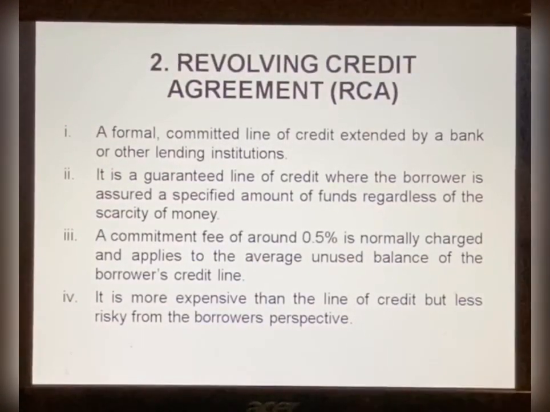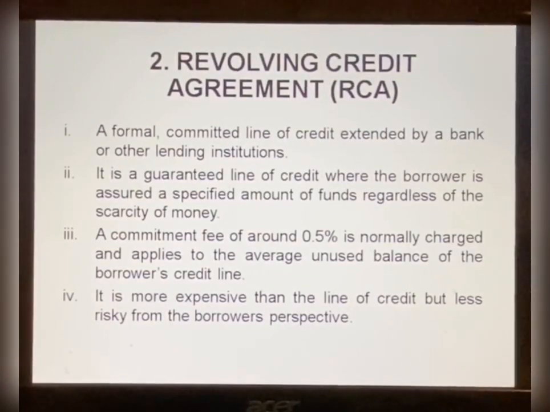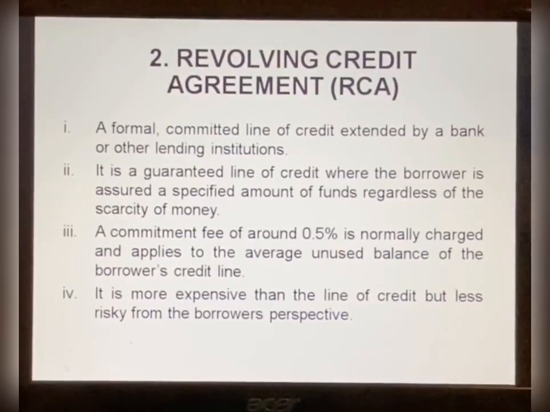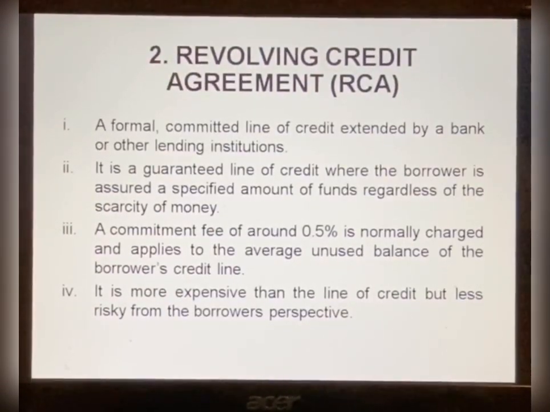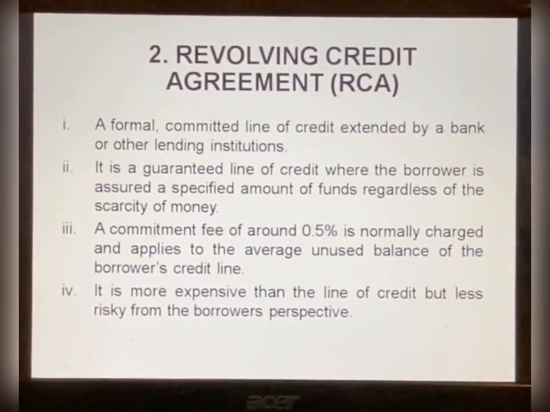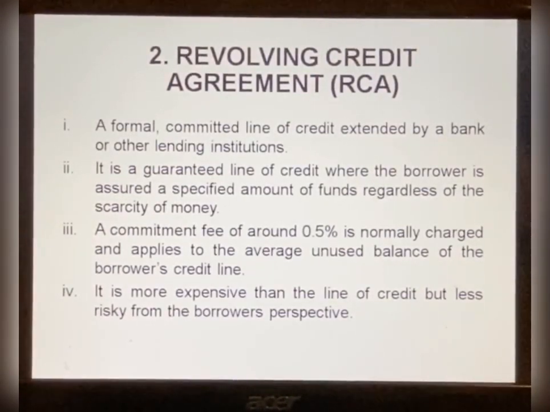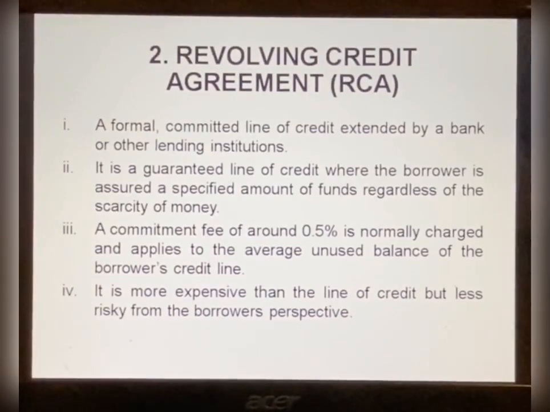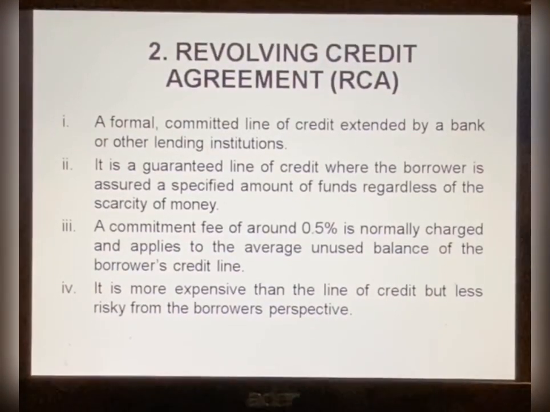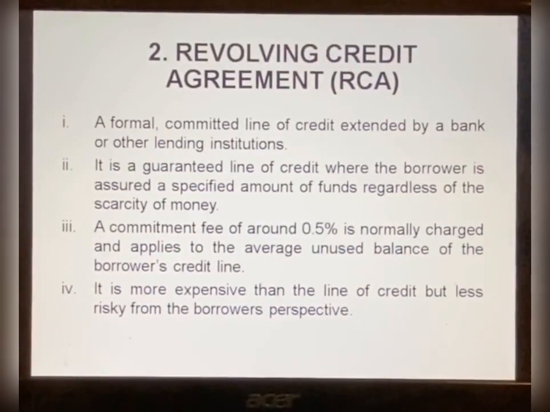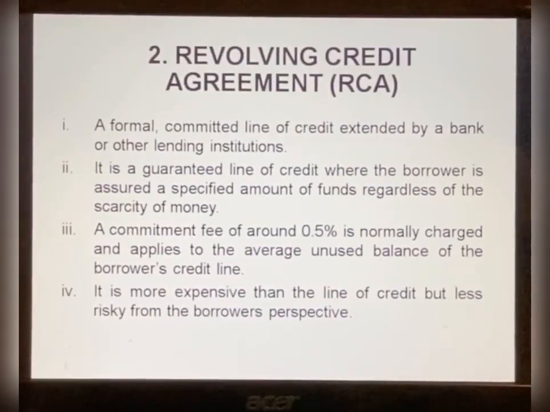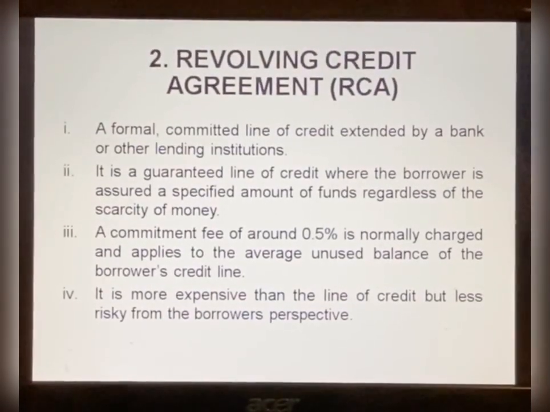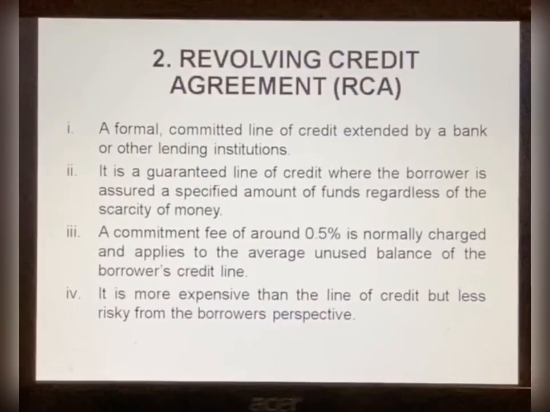So it is a guaranteed line of credit where the borrower is assured a specified amount of funds regardless of the scarcity of money. A commitment fee of around 0.5% is normally charged and applies to the average unused balance of the borrower's credit line. As such, it is more expensive than the line of credit, but less risky from the borrower's perspective.